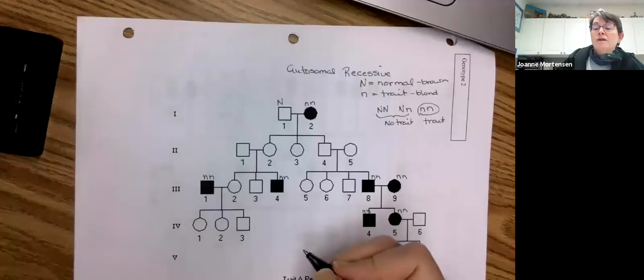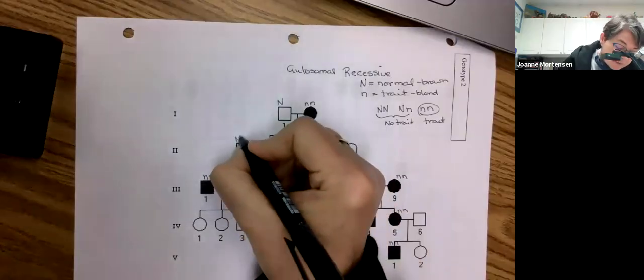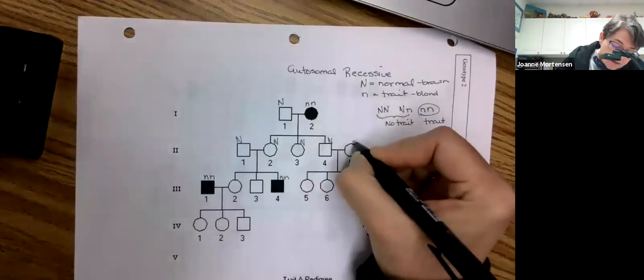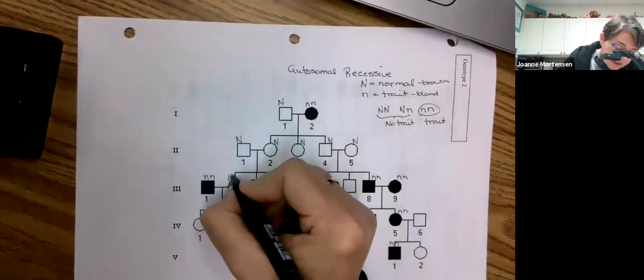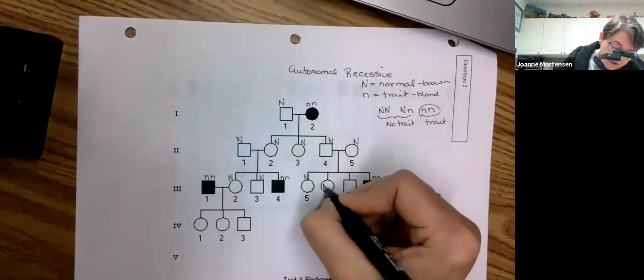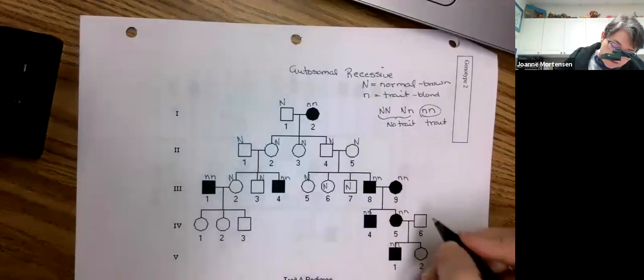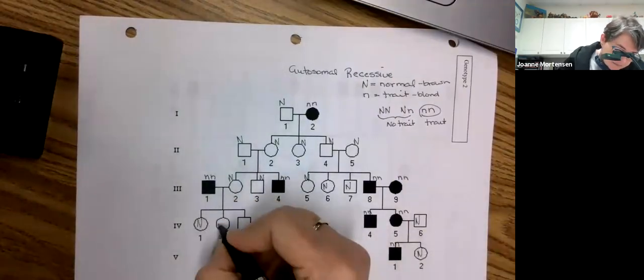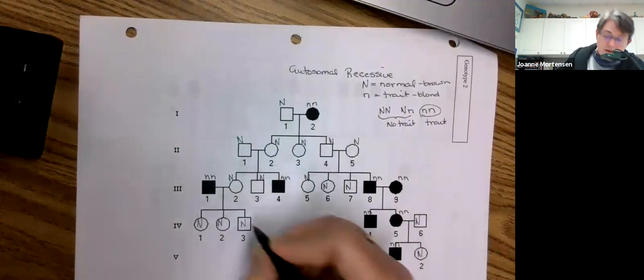But I don't know if they're purebred or not, but I do know they all are normal. They are not showing the trait. Well, I'm going to put it in the boxes, and it'll make it easier to see. They're all normal.